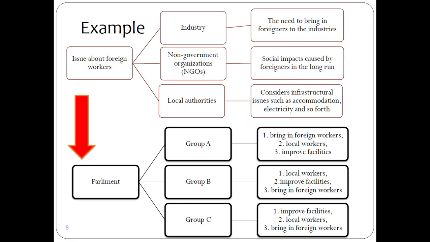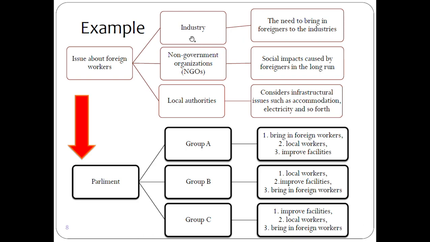Okay, isu pun terbahagi kepada 3, which is industry, non-government organisation, NGO, local authority. Okey, kat sini tunjuklah bahawasanya isu dalam industri is the needs to bring in foreigner to the industry.